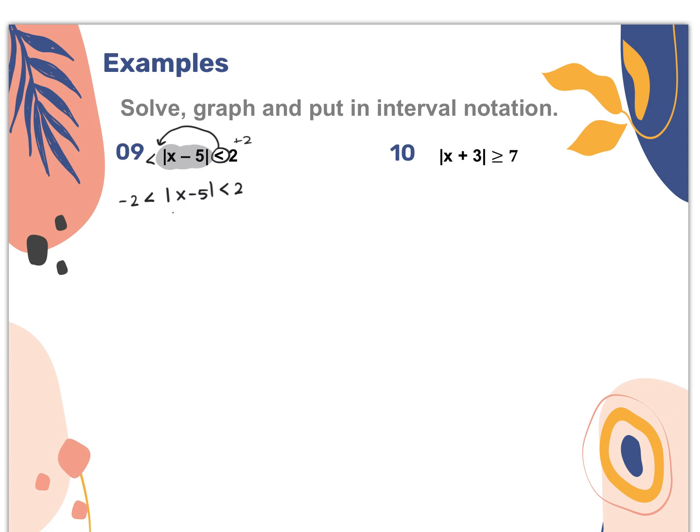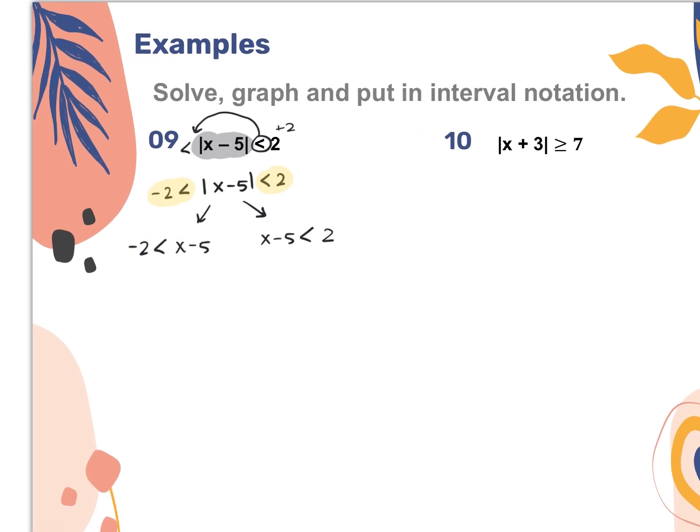Once I do that, now I'm going to break it into 2 things. Negative 2 is less than x minus 5, and x minus 5 is less than 2. All I did was take this part right here and negate it on the other side. So again, it's that little step there. Once you do that, you can now break it into 2 and you can get rid of the bars. So now we're just ready to solve for x.